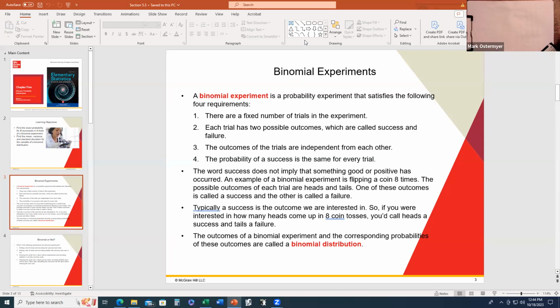That could be considered a success based on how we define what a success and a failure is. So don't think a success is always a good thing. It just depends on what we define to be a success versus a failure. Most of the time, however, the success usually is a good thing, but it doesn't always have to be.